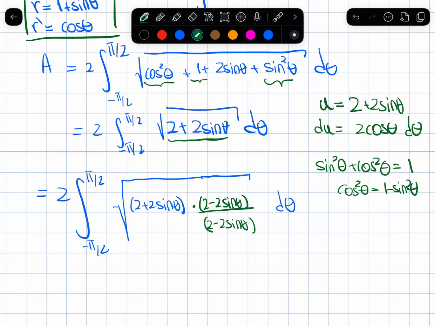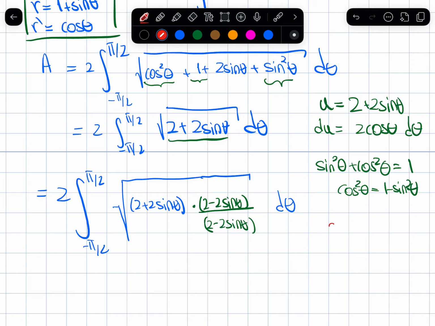The reason for that is that this makes that special product, a plus b times a minus b, appear here on the top. These two equal a squared minus b squared. That's the difference of two squares. My a being 2, my b being 2 sine theta.